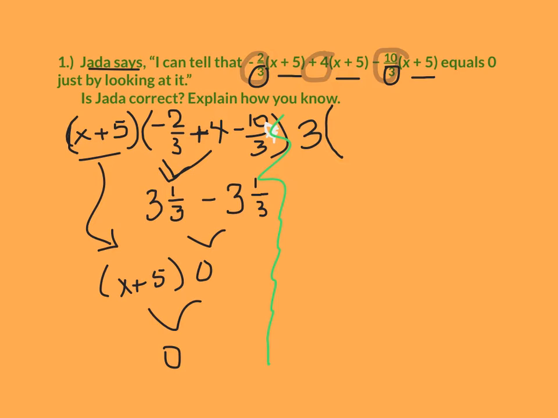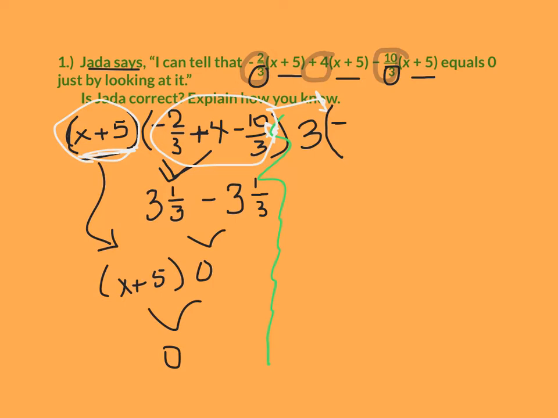So in essence, I would then have 3 times the quantity. Oh, by the way, I should have said that I'm considering that we already pulled out the x plus 5, and right now I'm only dealing with this. So I'm multiplying all of the fractions by 3.